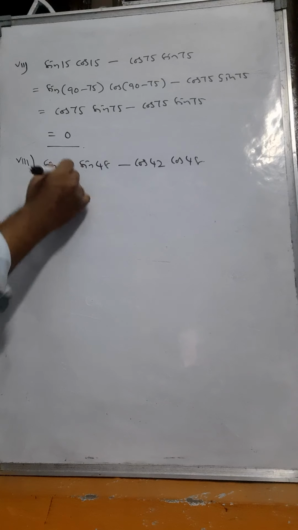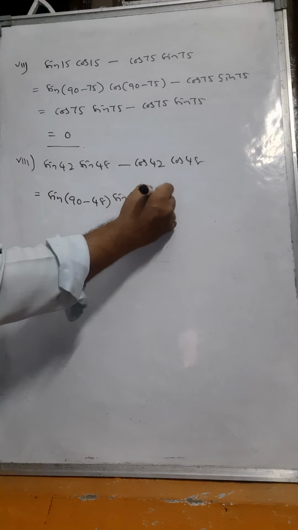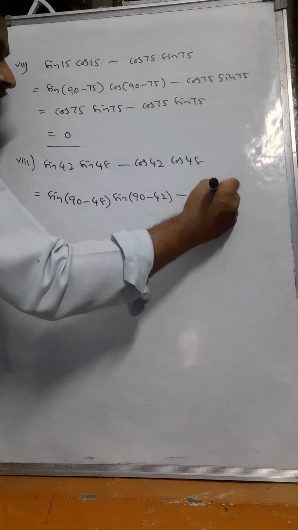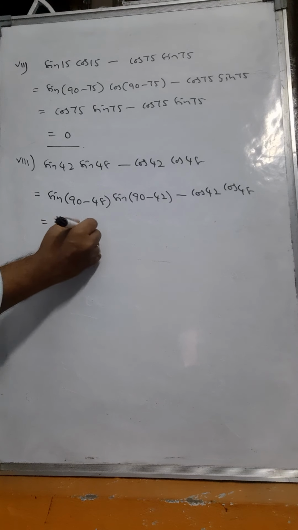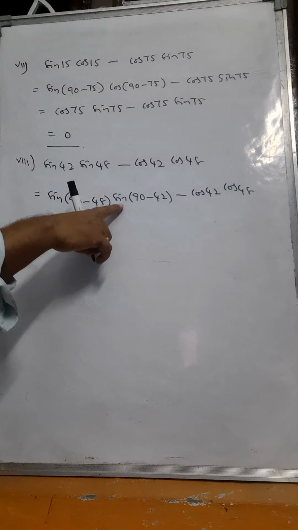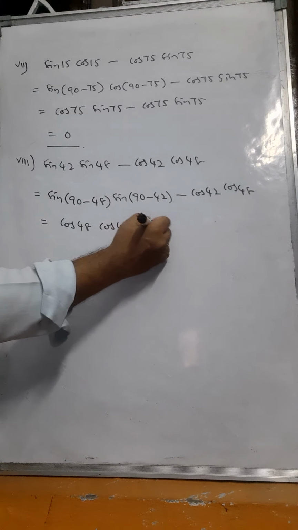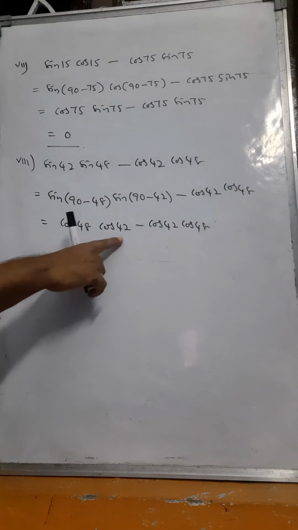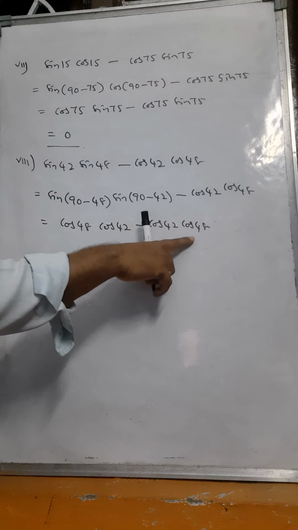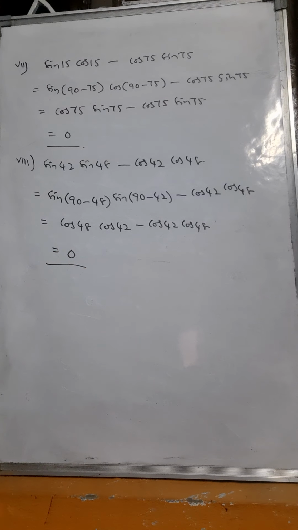We can write sin 42 as sin(90 minus 48) and sin 48 as sin(90 minus 42), minus cos 42 cos 48. Sin(90 minus theta) is cos theta. So cos 48, and sin(90 minus 42) is cos 42, minus cos 42 cos 48. It is cos 48 into cos 42, and cos 42 into cos 48. Both are the same, so they will get cancelled, that is equal to 0.